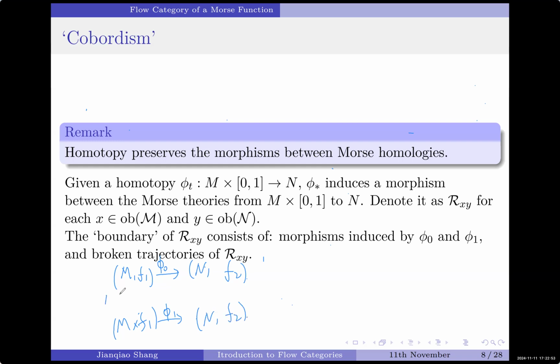If I consider M times I, you see here that the function on M is f1, and you can naturally get a function f1 on M times I, and I can perturb it to make it Morse. And the phi here is a smooth map between manifolds with Morse functions.